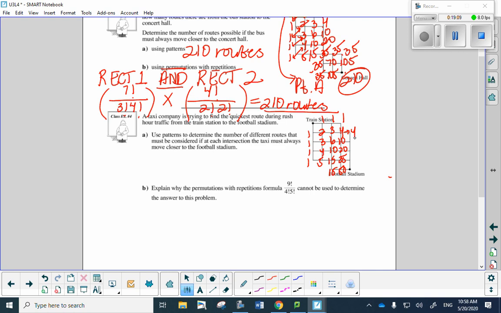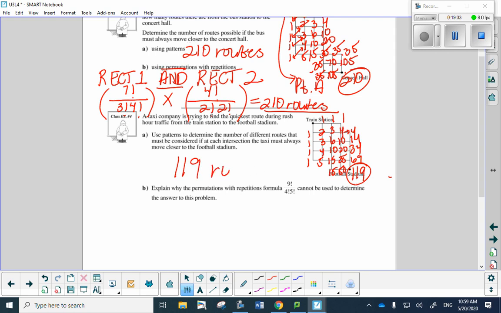Continuing to add, 10 plus 4 is 14, 20 plus 14 is 34, 34 plus 35 is 69, and 69 plus 50 is 119. So the number of different routes is 119.